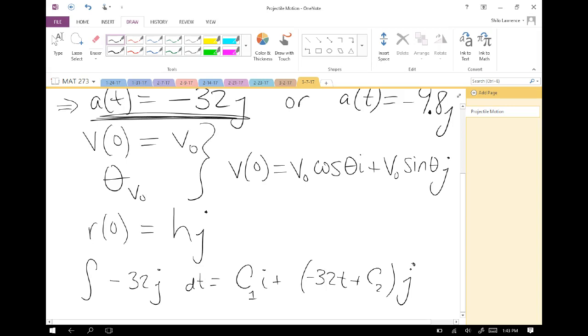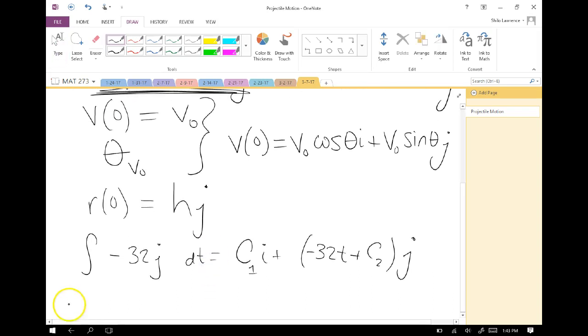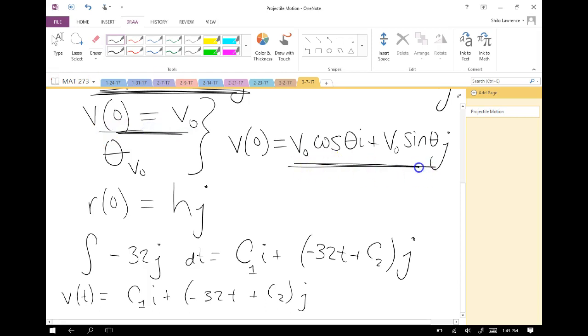This is our starting point for our velocity function. And we are told that if you plug in 0, you should get this. So we'll plug in 0 to what we got for the antiderivative and compare it, and that's going to allow us to solve for the C1 and the C2.